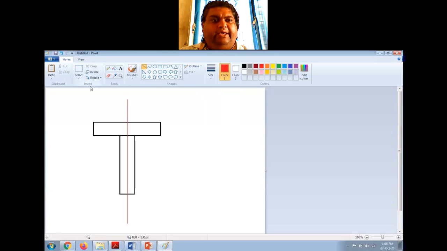So about the y-axis, it is symmetric, and about x-axis it is not symmetric, right? It is asymmetric. So you have to find the location of neutral axis in this case.